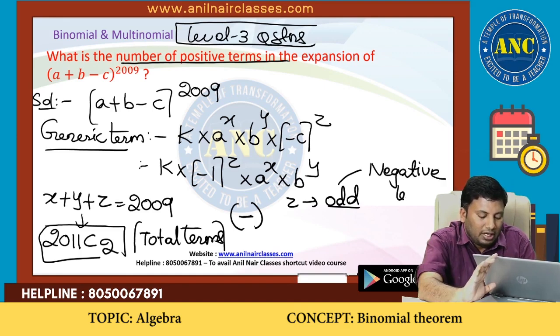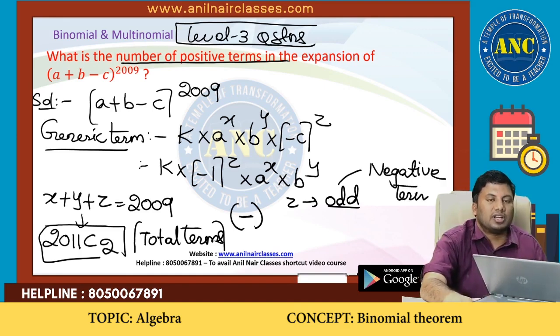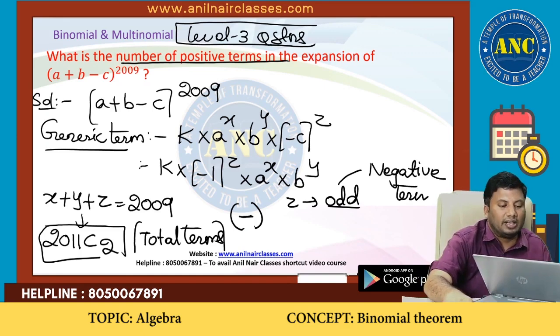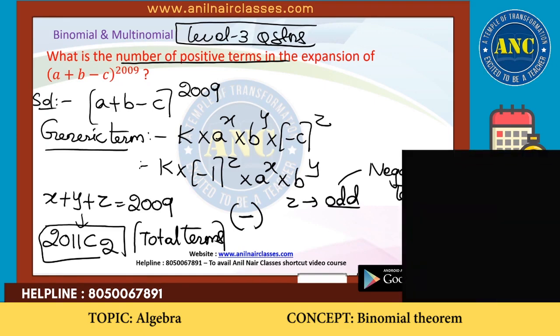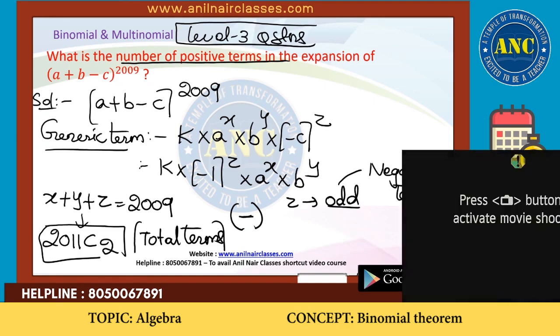I hope the idea is clear. K into a power x, b power y and c power z. So it is k into (minus 1) power z into a power x into b power y into c power z. Till here clear, right?